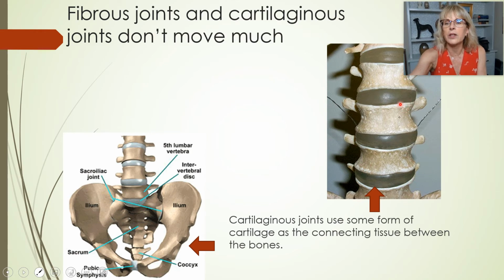But in between them, there's a little chunk of fibrocartilage called an intervertebral disc in the case of your back. That little chunk of cartilage is one of the things that makes this a cartilaginous joint. It is not a synovial joint. It doesn't have the qualities of a synovial joint, but it does have this disc of cartilage in between. Another cartilaginous joint is the pubic symphysis.